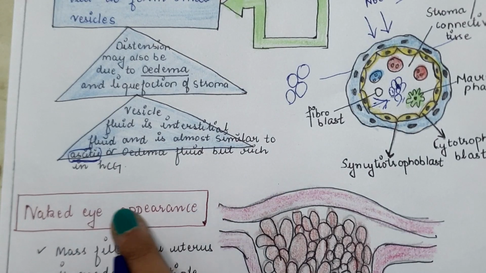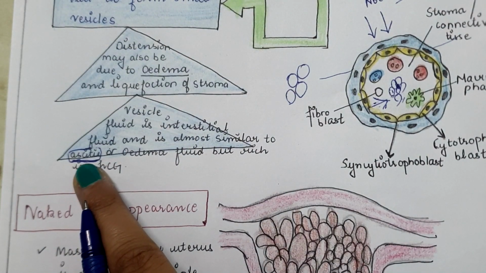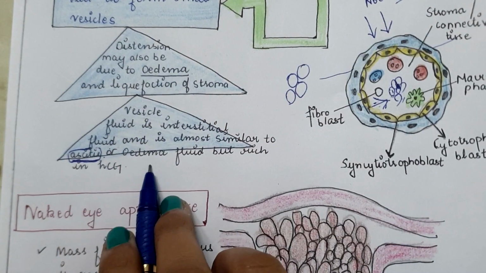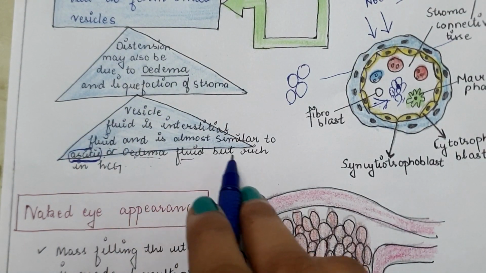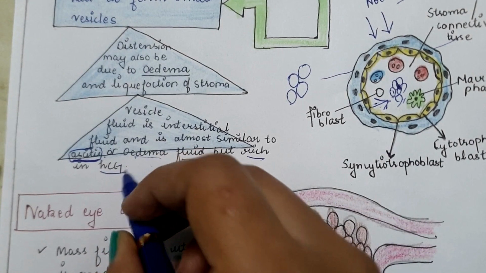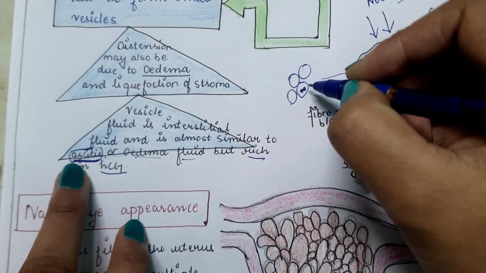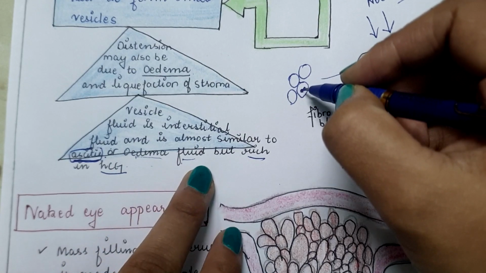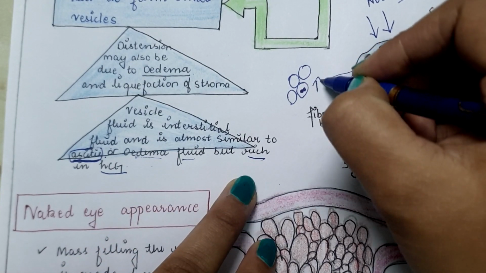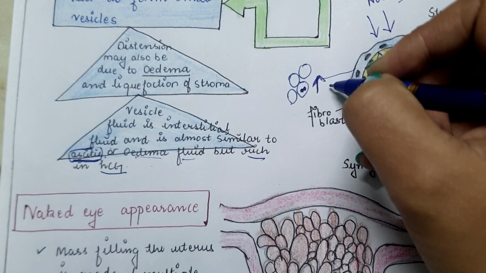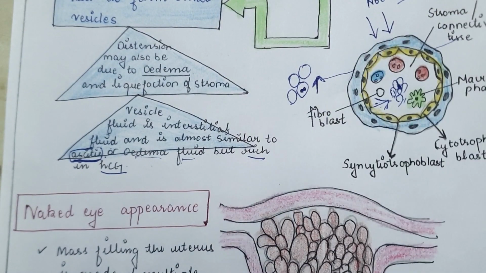When there is an accumulation of fluid in the abdominal cavity, or edema fluid, but it's rich in HCG. So the fluid in the vesicles is just similar to ascites and edema fluid, but it is rich in HCG, as there are higher levels of HCG in the case of hydatidiform mole.